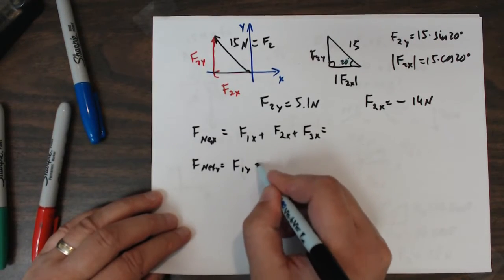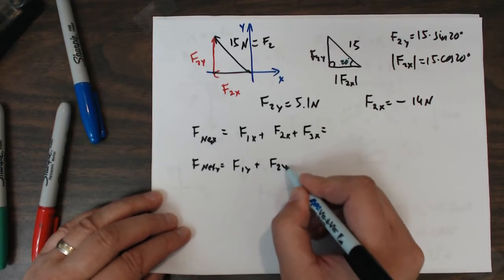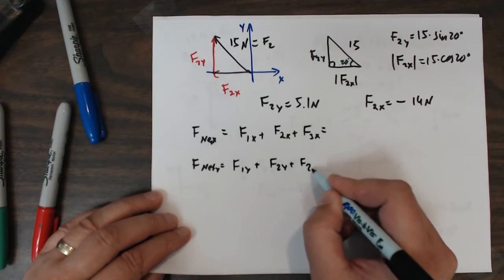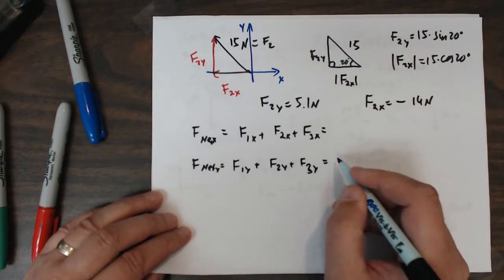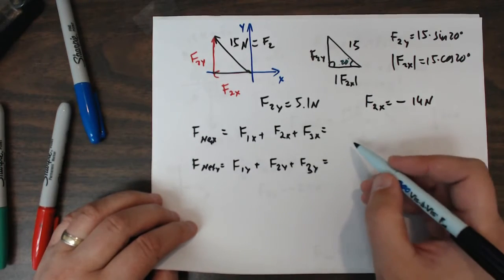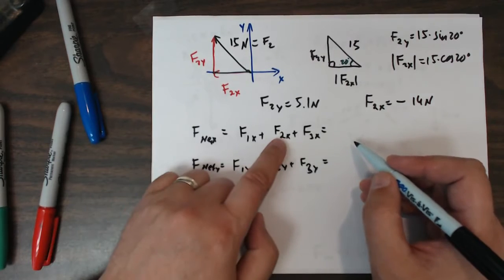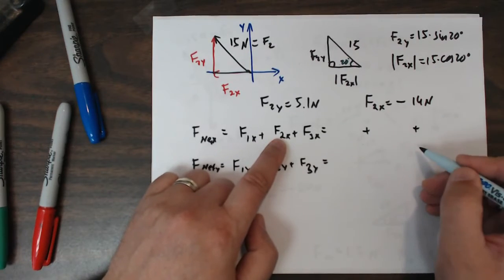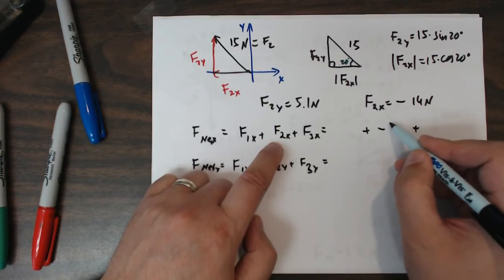To calculate the y component of the net force, we have to add the y components also. This is negative 14.